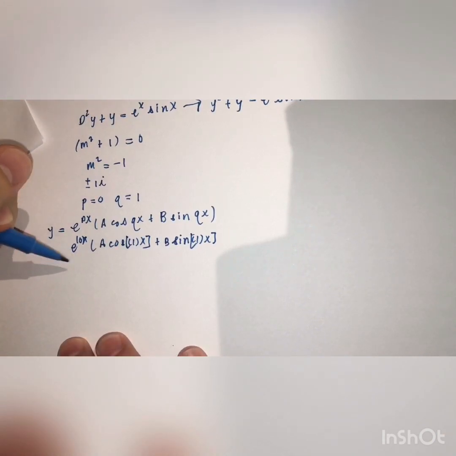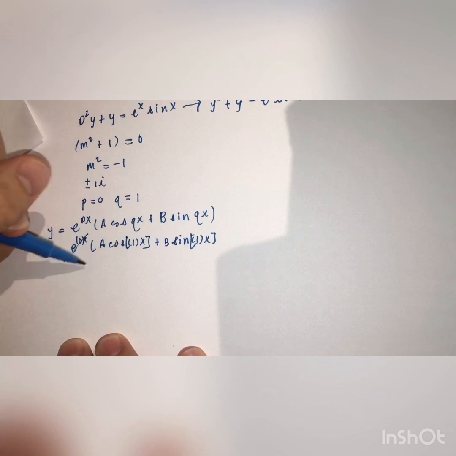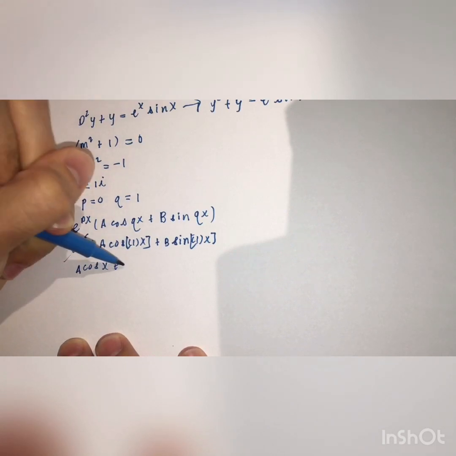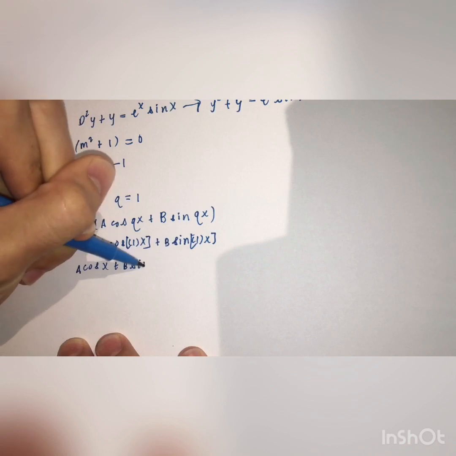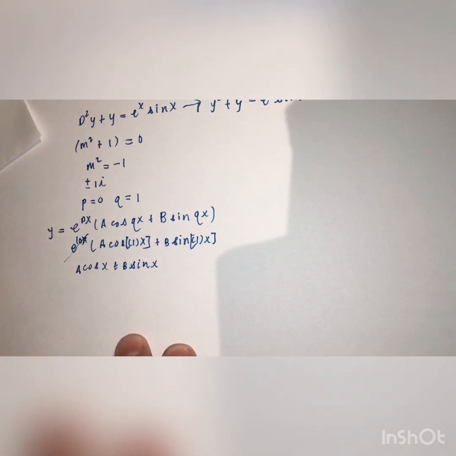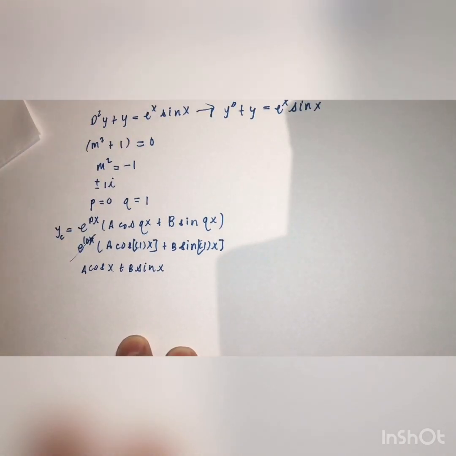Okay, and that just simplifies, e to the 0 becomes 1. We just have a cosine x plus b sine of x, and that's our yc.